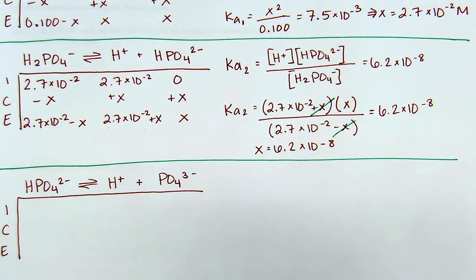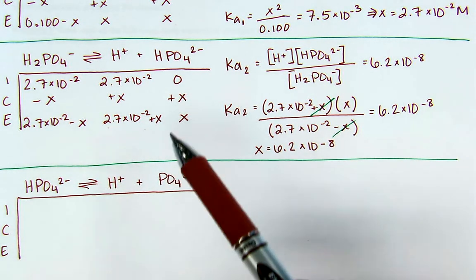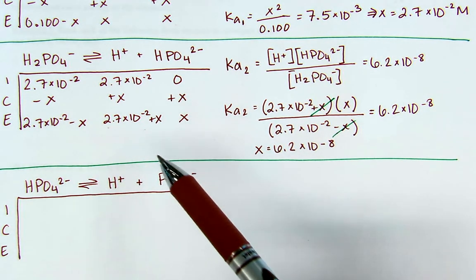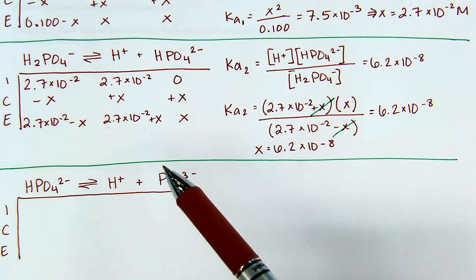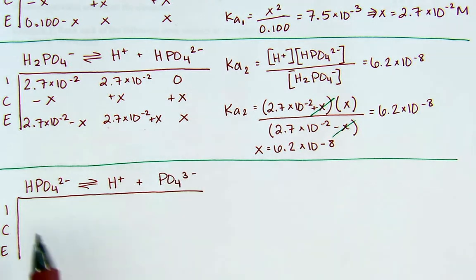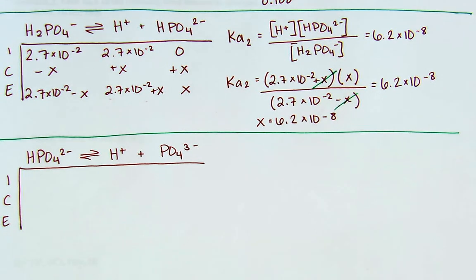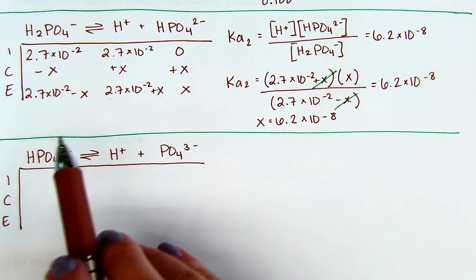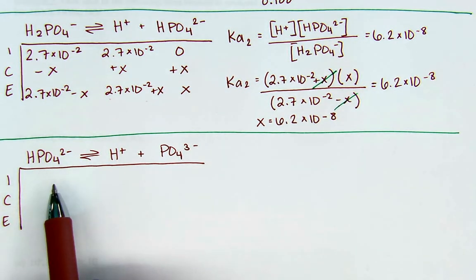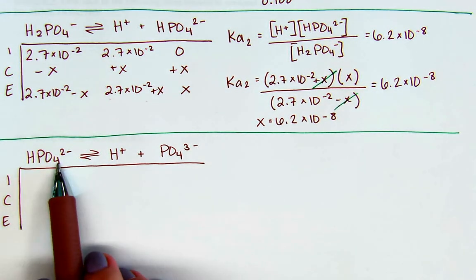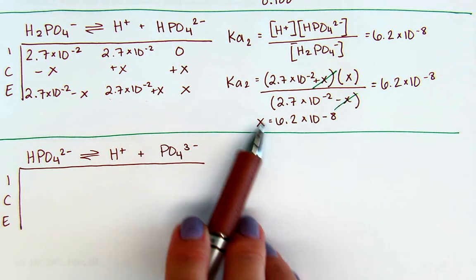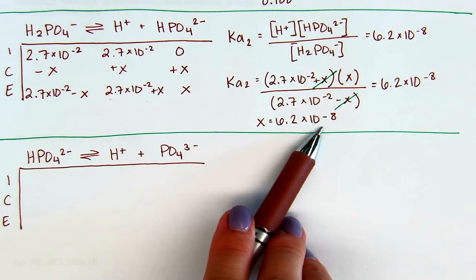And then again, we're going to look at our previous table to see what we start with. So I want you to go ahead and pause this video and see if you can figure out this ice table and then come back. Okay, so our HPO4 2 minus was just X. We figured out our X was 6.2 times 10 to the negative 8.